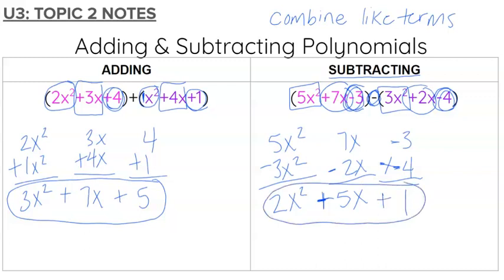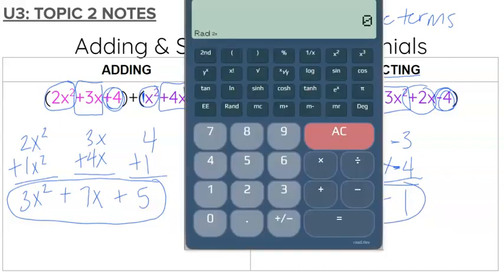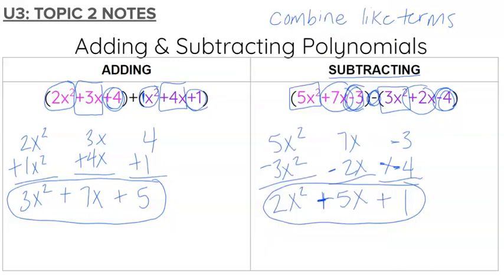Also, if you're unsure of your positive negative operations or you just want to double check, you can always use a calculator. If we tried that in the calculator, we would do negative 3 minus negative 4, and you can see how we get positive 1 there. So you can always use your calculator to double check your operations.